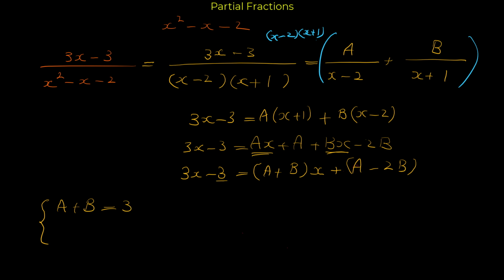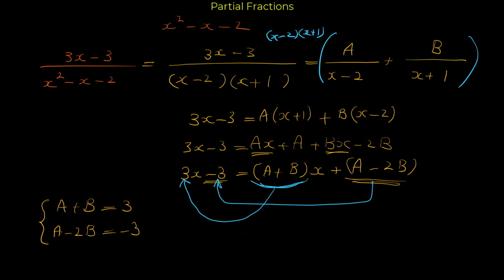Now compare the constant in the left side and the constant in the right side. a minus 2b should equal negative 3. The constant equals the constant, and the coefficient of x equals the coefficient of x.